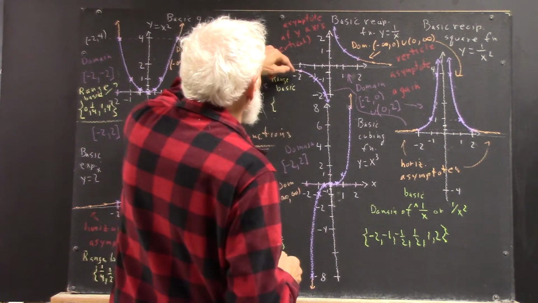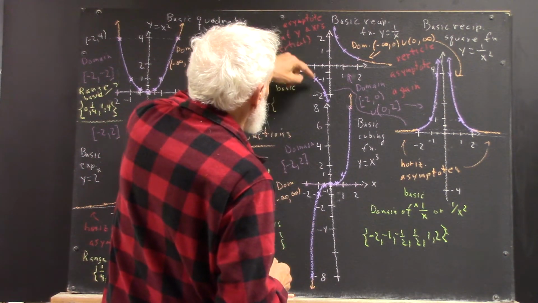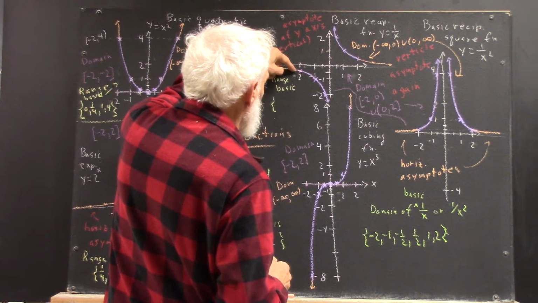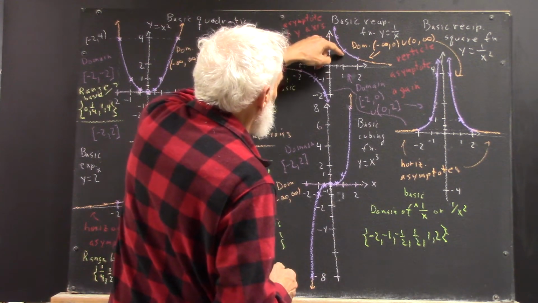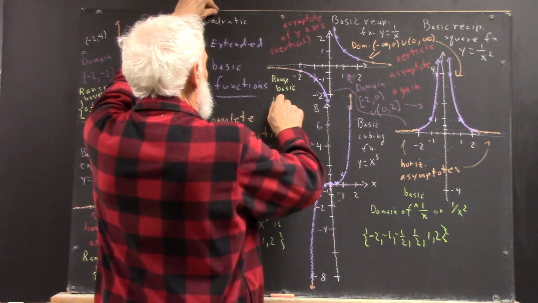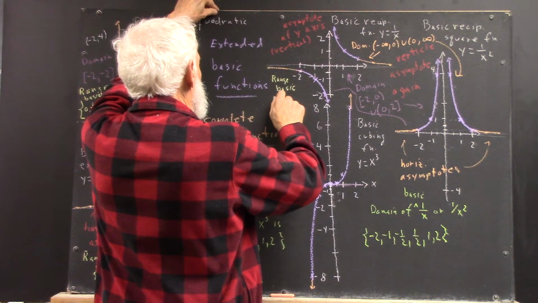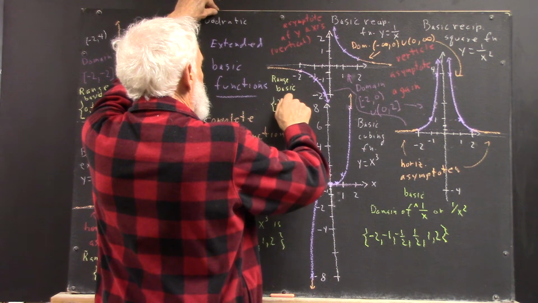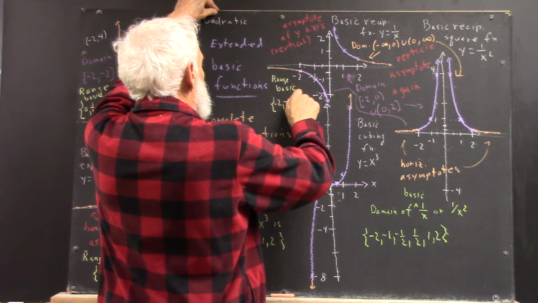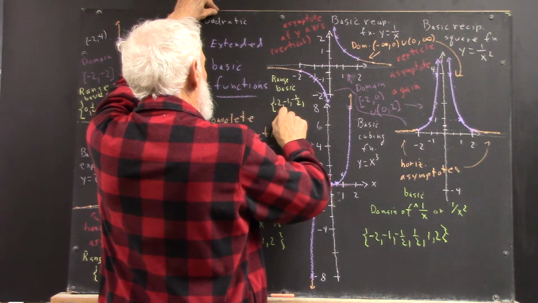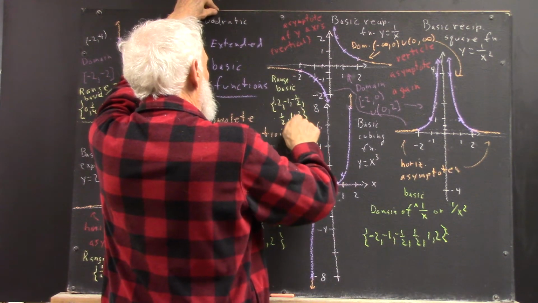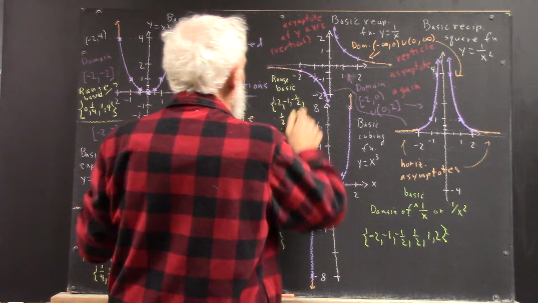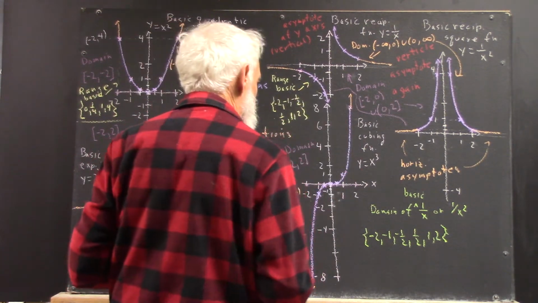You have -2, -1, -1/2, and you have 1/2, 1, and 2. So you have -2, -1, -1/2, 1/2, 1, and 2. That's for this function.